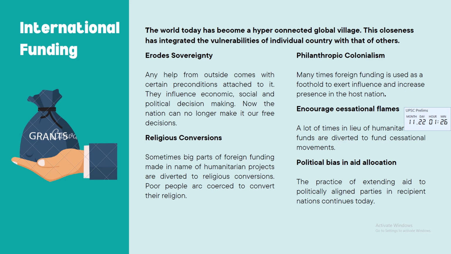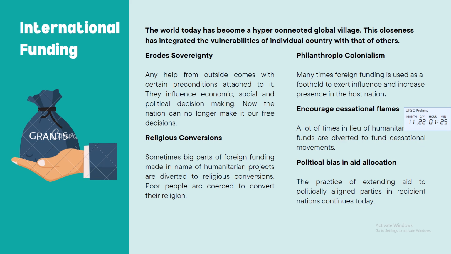Next one is religious conversions. Sometimes big parts of foreign funding made in the name of humanitarian projects are diverted to religious conversions, where poor people are coerced to convert their religion. Like Dr. Zakir Naik, who received huge funding from Arab nations, is currently being investigated under this aspect.